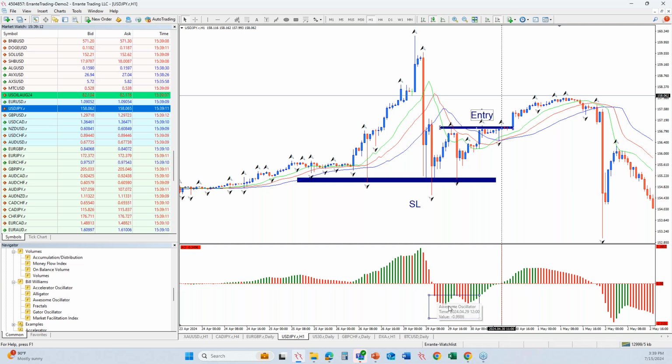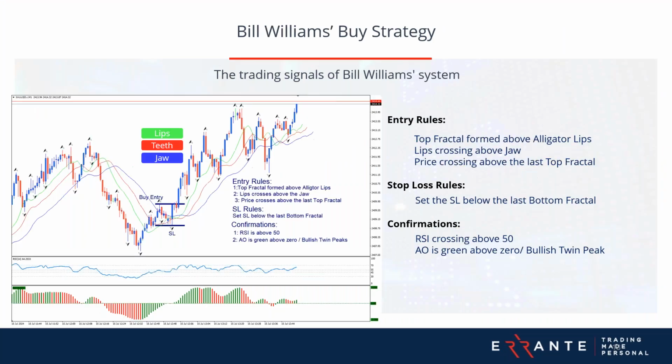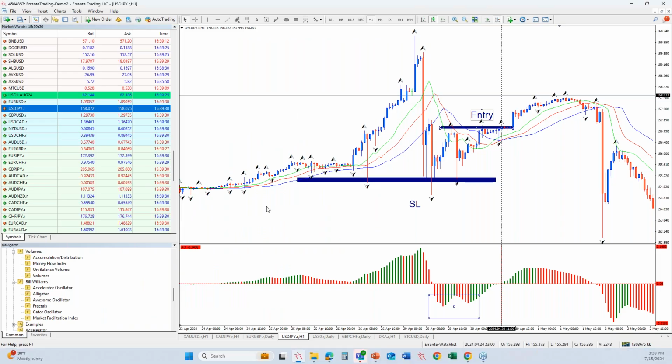And we have this confirmation number 1 and confirmation number 2. So this is one of the common ways to find bullish signals using AO, and in that case you might consider the distance between our entry and the stop loss is a lot.